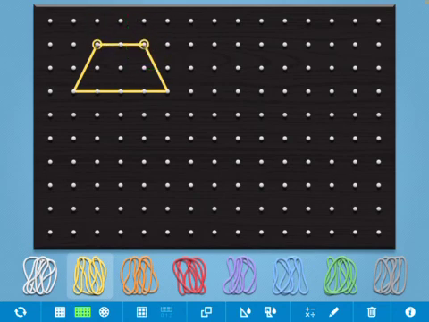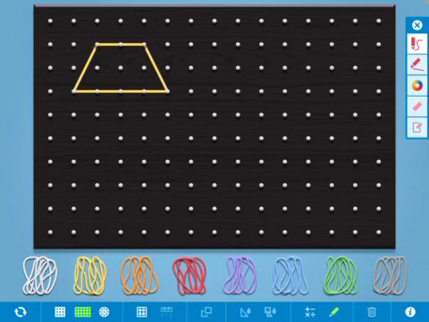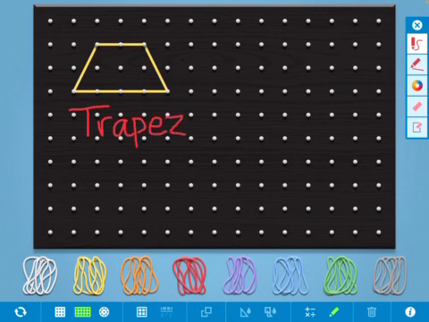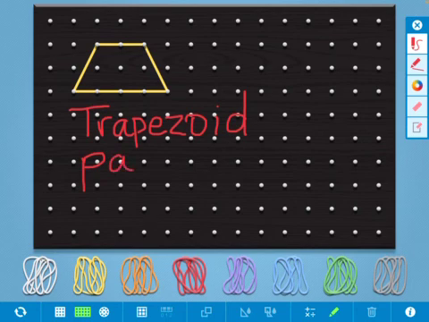The first thing I'm going to do is go down to the drawing pen at the bottom, click on it, and write the name of the figure. So you have to have the name of the figure, which is right here. Not the neatest, but that's okay. Trapezoid. So I wrote the name of the figure. And then I'm going to write parallel lines.